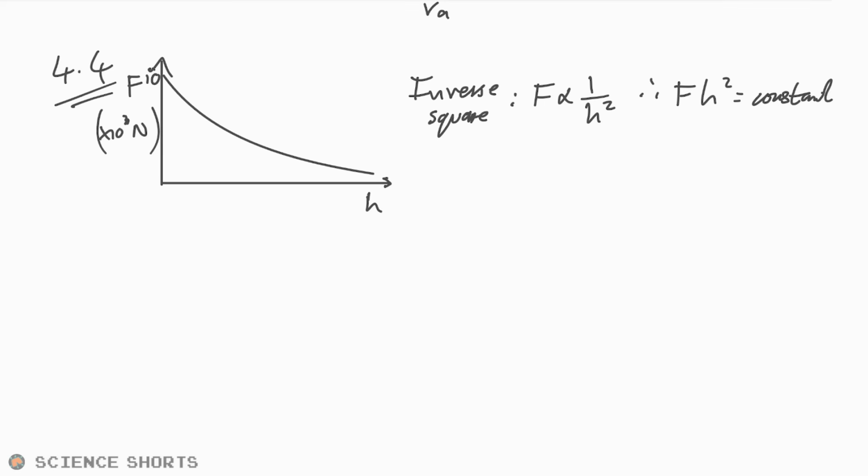So all we have to do is take 2 points and prove that that is true or untrue. So F(1) times h(1) squared is equal to, let's just take 10. We don't even need the times 10 to the 3. It's just about numbers, it's all relative. So we can just say 10 times the height is just 1 squared. That's nice. And I don't think this is going to be true, to be honest.